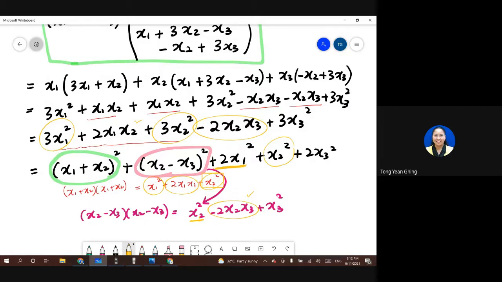And then for the x3 square, when we do this factorization, we only have x3 square. But originally we have 3x3 square. So that's why I add another 2x3 square. Okay.